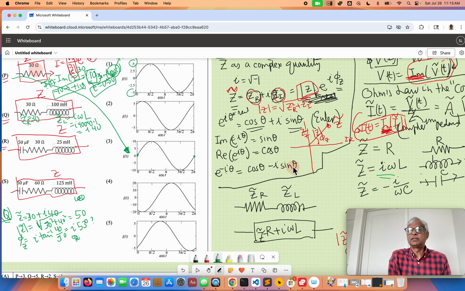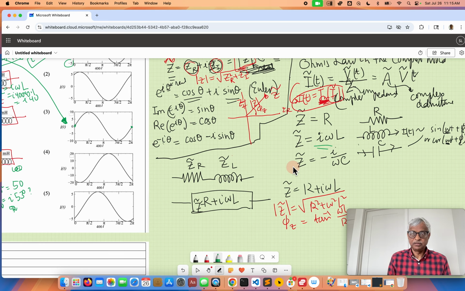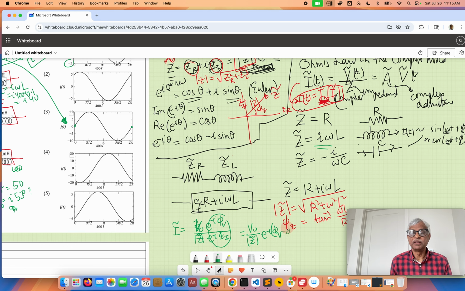Okay, so over here when you have that situation, when you've got I tilde equal to V0 e to the i phi V over a Z magnitude e to the i phi Z, by dividing, you can see that V0 over Z magnitude e to the i (phi V minus phi Z).